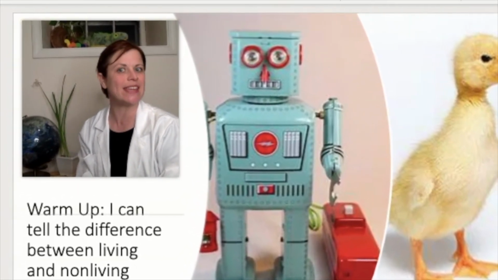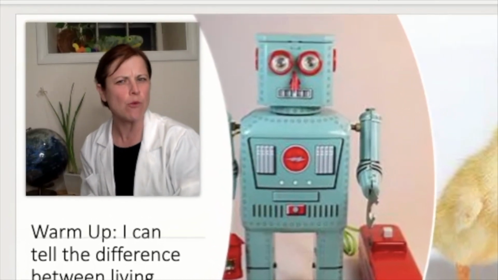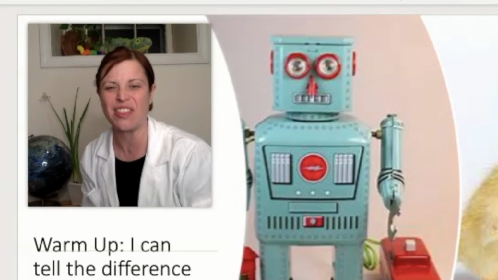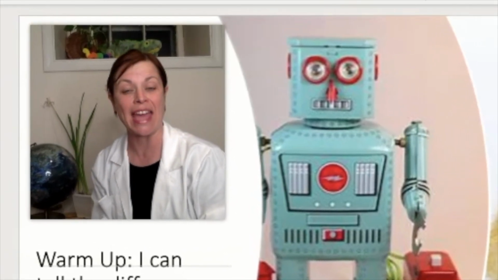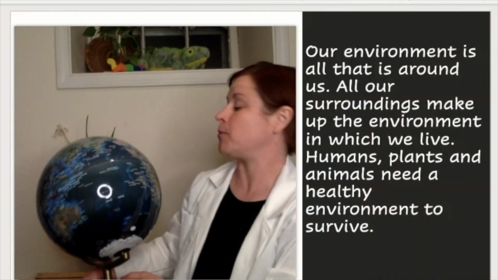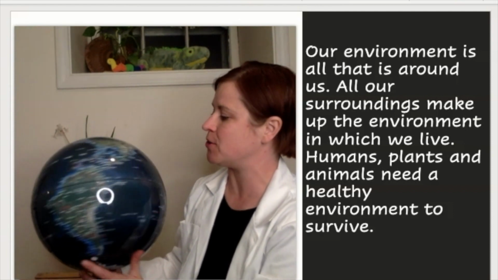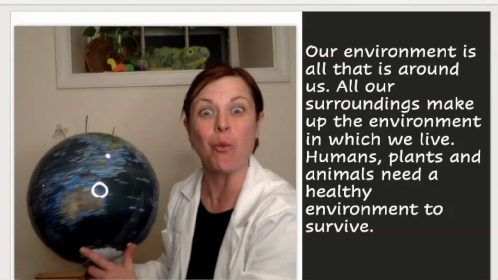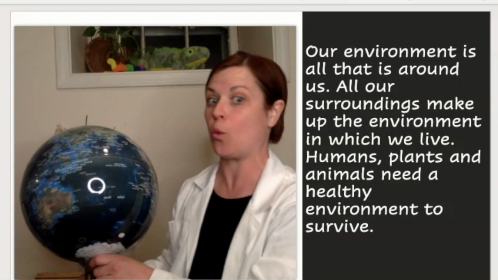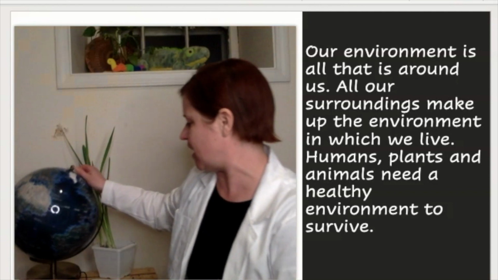Today, as we get started thinking about biology, I want you to think about things that are alive and how the environment helps or hurts those things that are alive in it. When we think about one's environment, we are going to think about the world and where we live or where what we are studying lives.